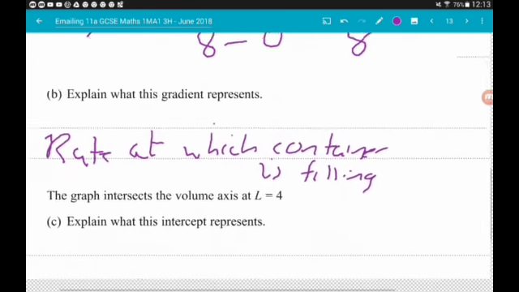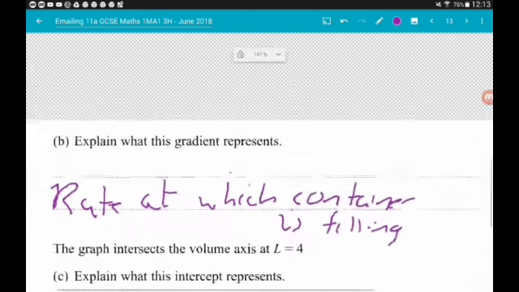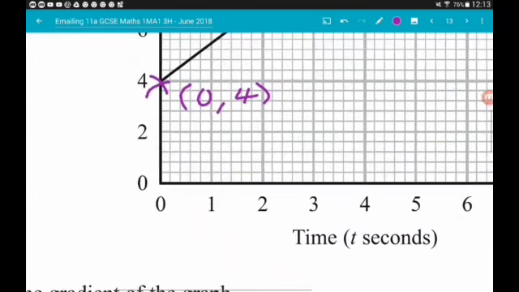Cool. And then part C says the graph intersects the y-axis, the volume axis, at V equals 4. We want to explain what this intercept represents. So the intercept happens at time t equals 0.